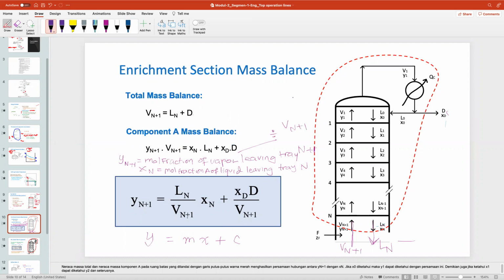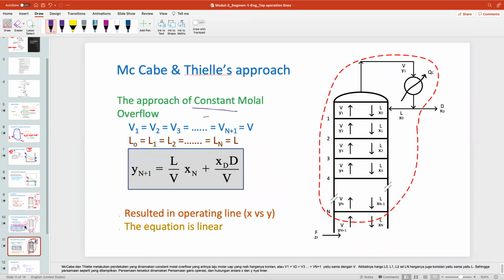So this is Vn plus 1 and Ln. Usually we can just drop the index here, so L is for the liquid and V is for the vapor.